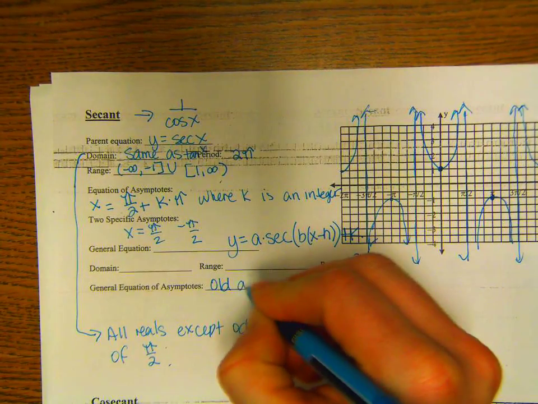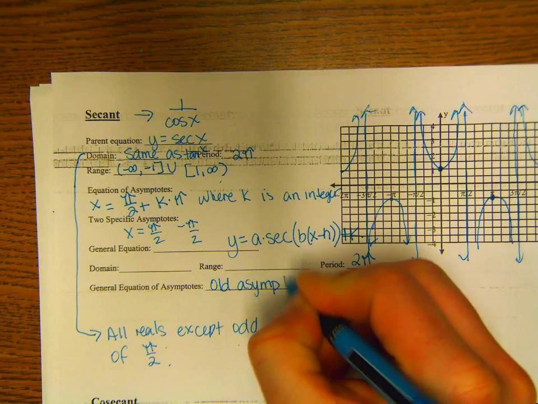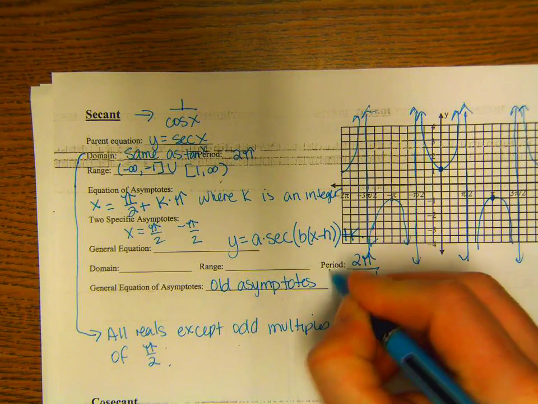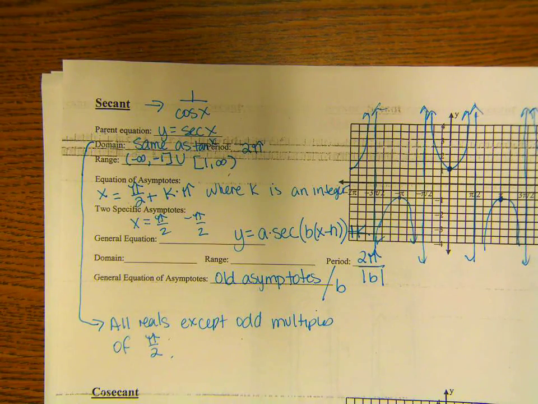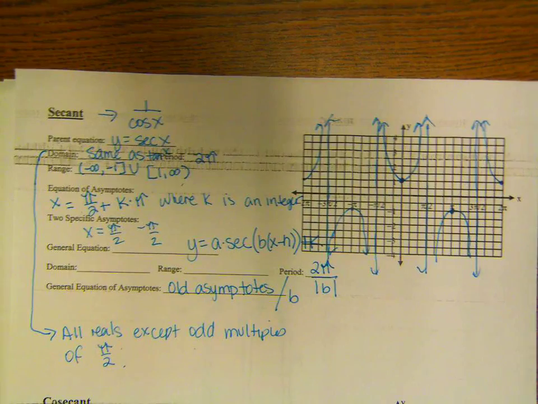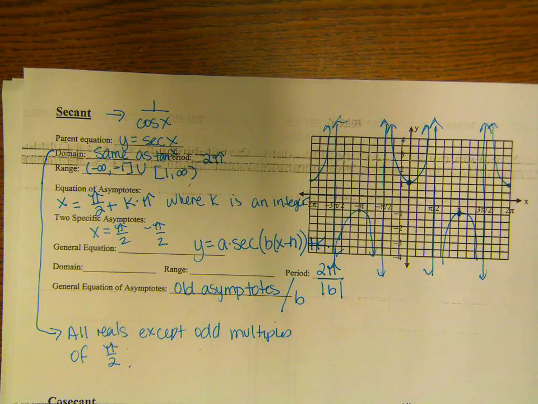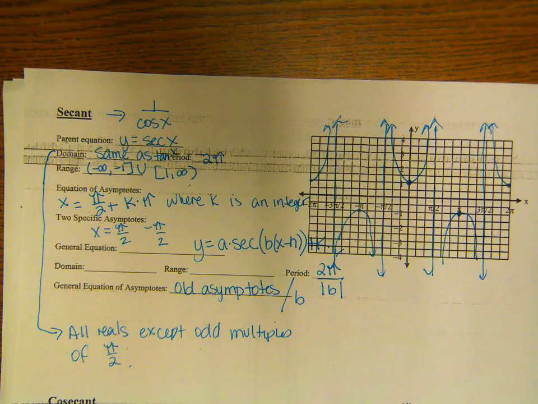So I'm going to take the old asymptotes and divide them by B. On your worksheet, I also asked you on a couple of them to, once you do that, shift them a little, but for the graphing part, I want you to use your calculator to help you with that, and graph secant.